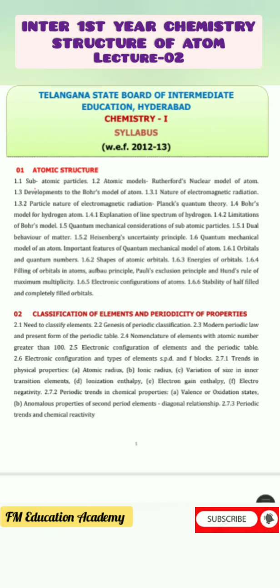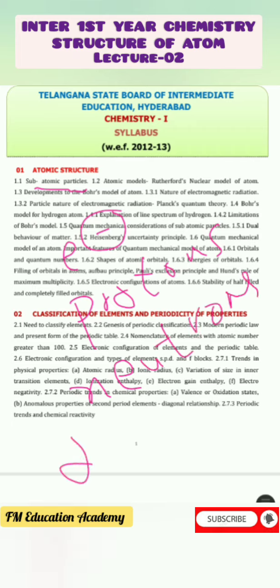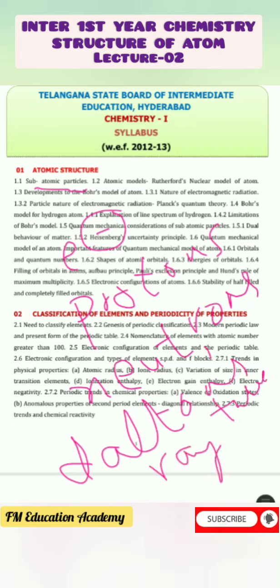In lecture 1 of atomic structure, we had discussed subatomic particles. In that, we saw electrons, protons, and neutrons, and we also saw Dalton's atomic theory, what the cathode ray tube was, how electrons were produced in a cathode ray tube, and what the results of the cathode ray tube were.